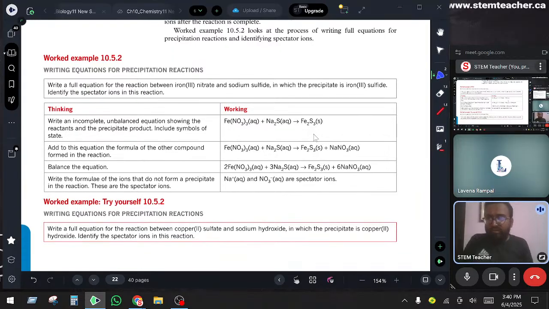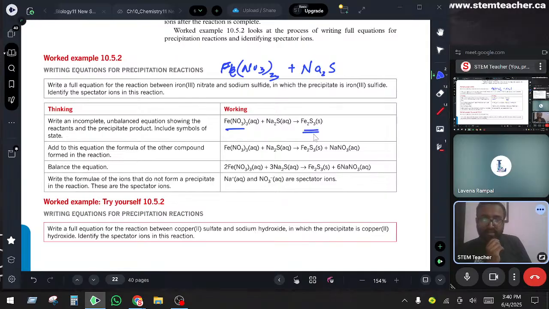So what is this reaction? Write a full equation of the reaction between iron nitrate Fe(NO3)3 plus sodium sulfate Na2S. Okay, sorry, it is Fe, it's not lead, it is Fe. Fe(NO3)3, iron nitrate plus sodium sulfate goes to iron sulfate.